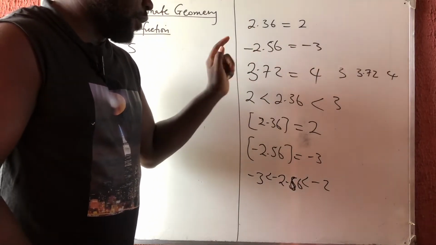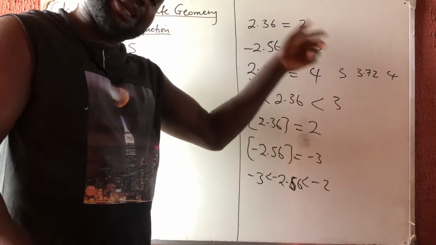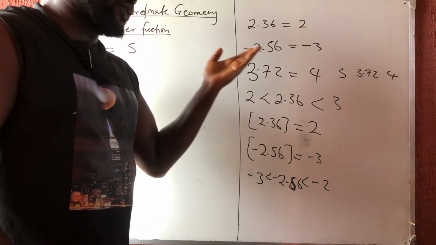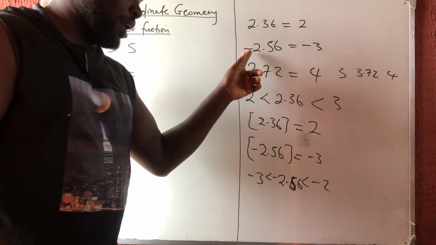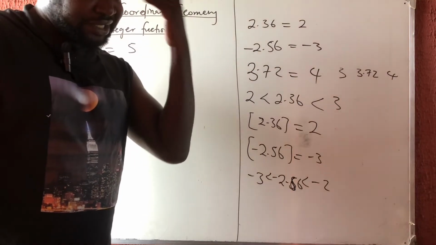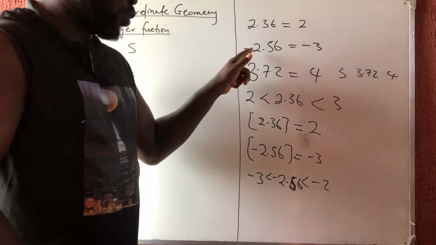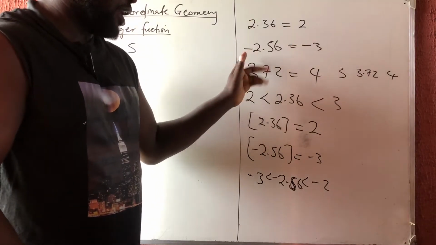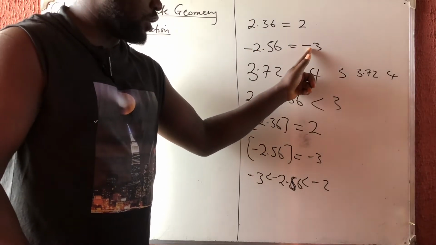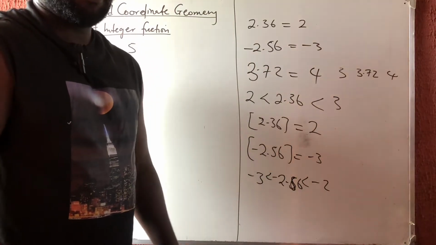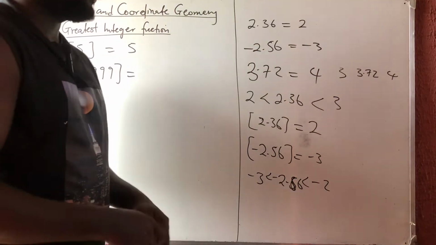But if it's a negative number, instead of taking minus 2, we take minus 3. So it is actually subtracting 1, but in layman language, it's like forget about the minus, add 1, then bring back the minus, and it becomes 3. I don't know how you want to understand it.